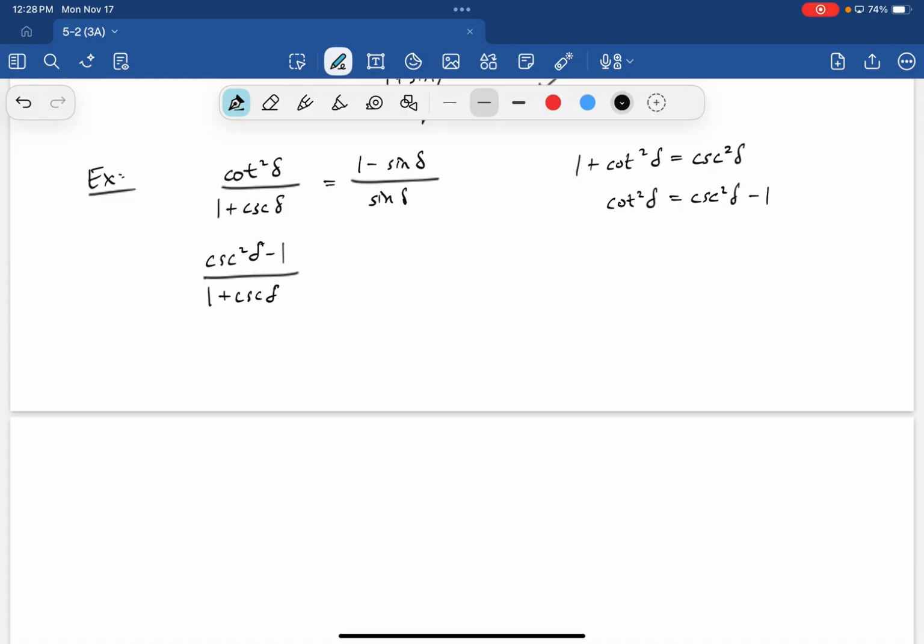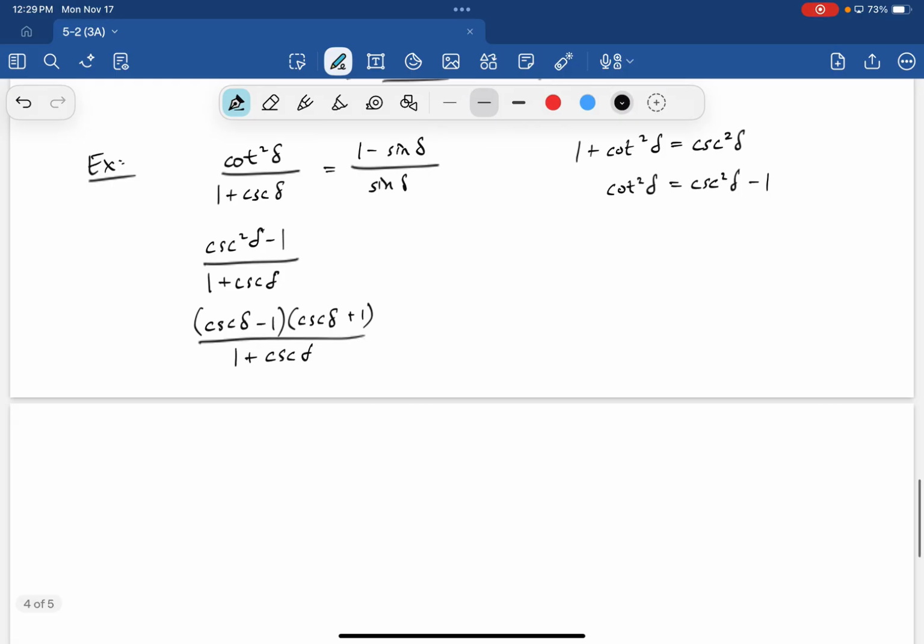And so actually we can factor that as cosecant minus 1 times cosecant plus 1, which very helpfully cancels with the bottom, doesn't it? And so because these cosecant plus 1s cancel, we're actually just left with cosecant delta minus 1.